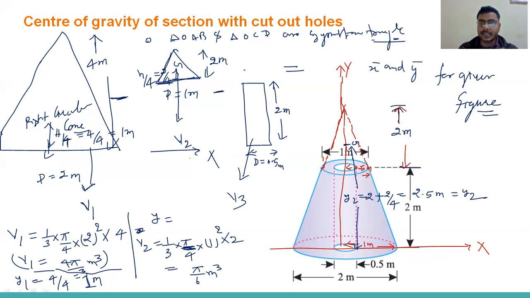Whatever segments we have taken, we have to calculate x1, x2, x3 or y1, y2, y3 from the same axis. That is called axis of reference. So y2 we got 2.5 meter.